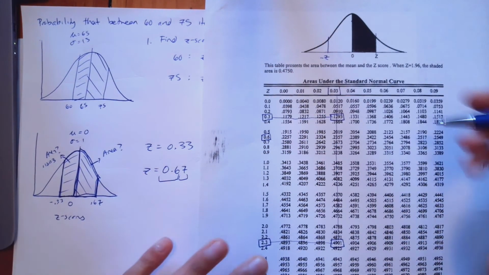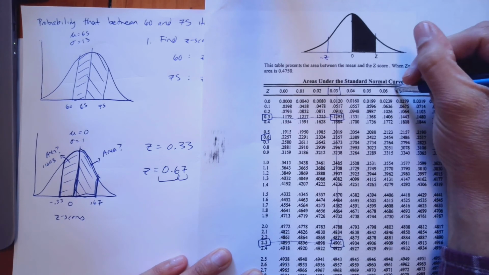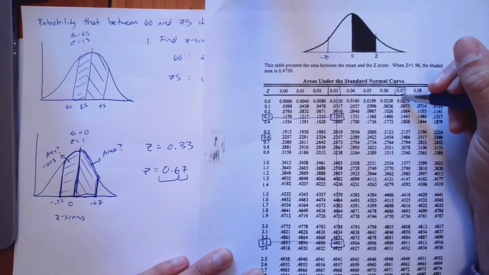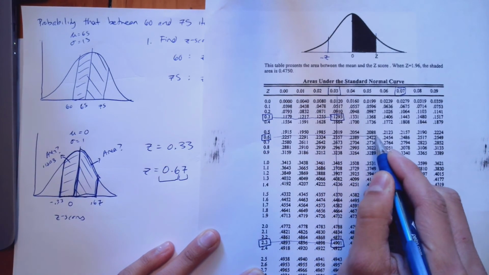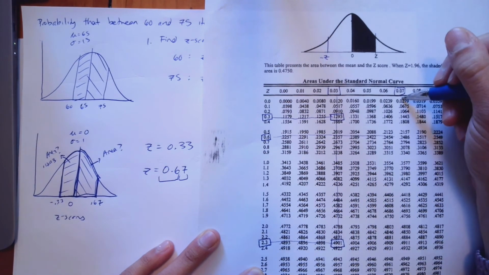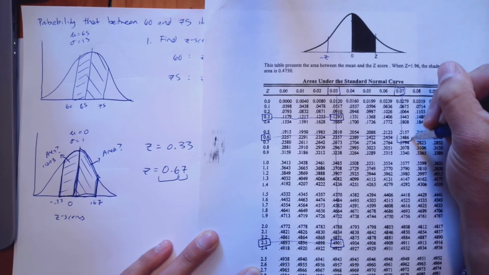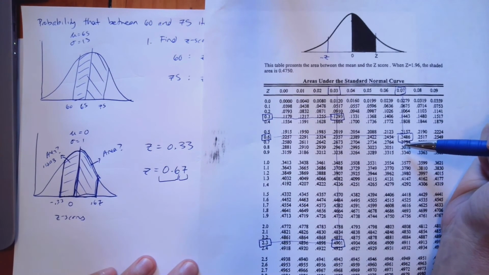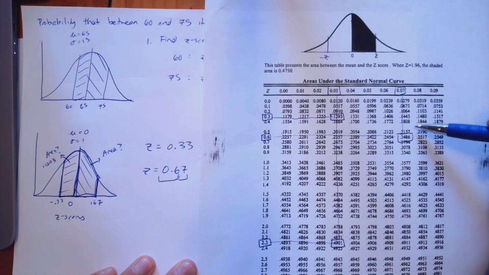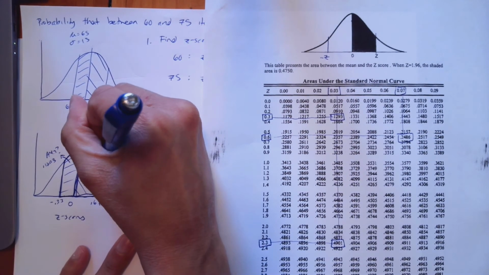And our last digit is 7, which means we're going to go all the way out to 7 over here. And then we're going to figure out where these things meet up. So we've got 0.6 and 0.7 is this column. This means that the area under the curve for 0.67 is going to be equal to 0.2486. So I'll write that in here.